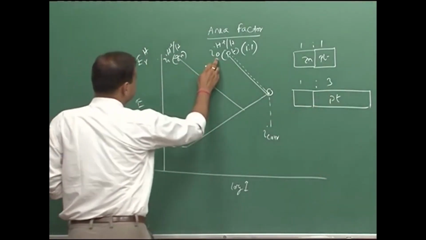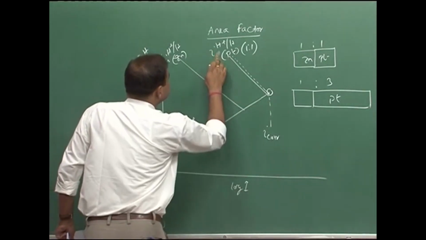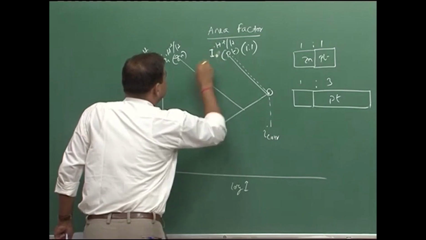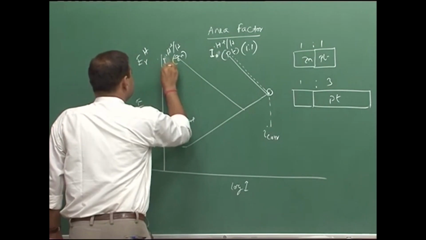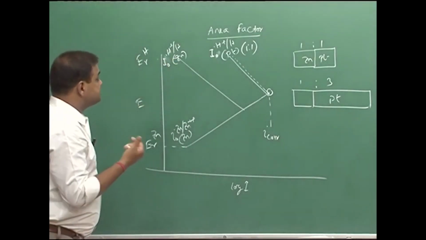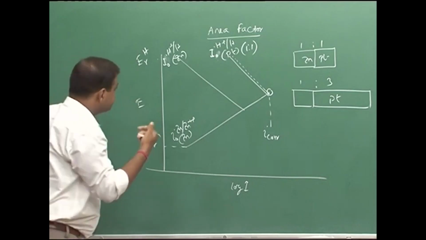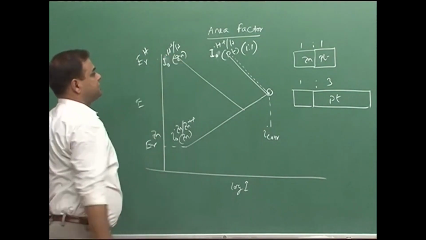Now, instead of i0, since this is on the scale of current, we can also indicate it as capital I0 for hydrogen evolution on platinum surface. This is capital I0 of hydrogen evolution reaction, exchange current, rather than exchange current density, that we use for hydrogen on zinc surface.